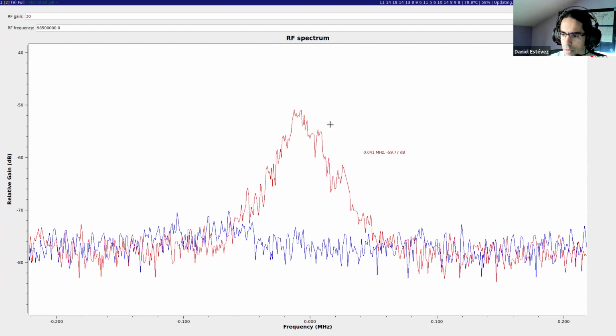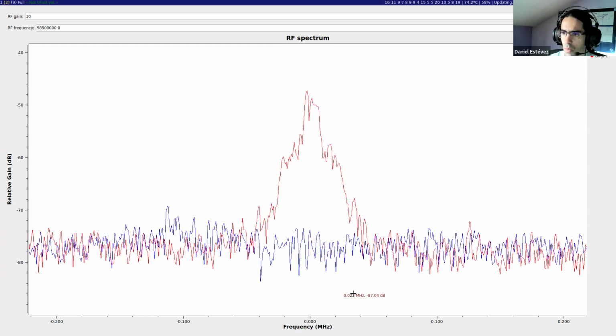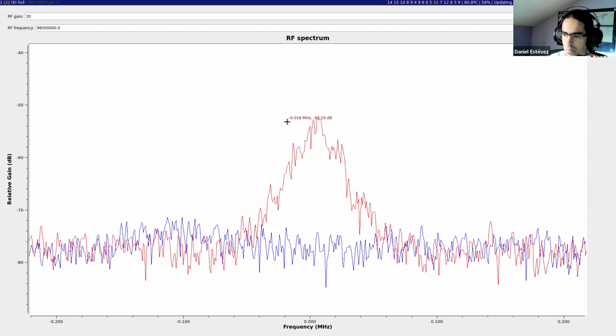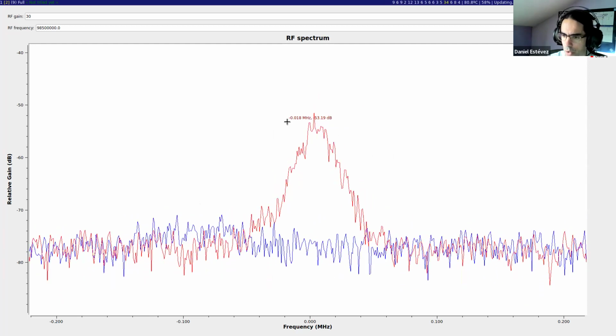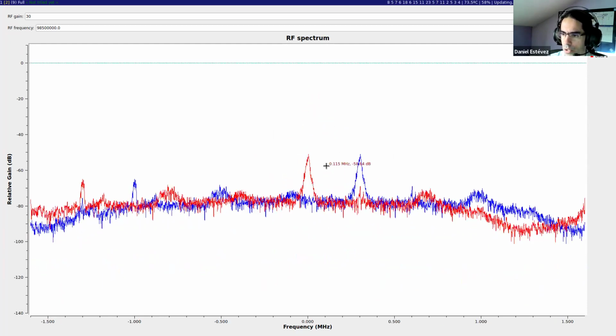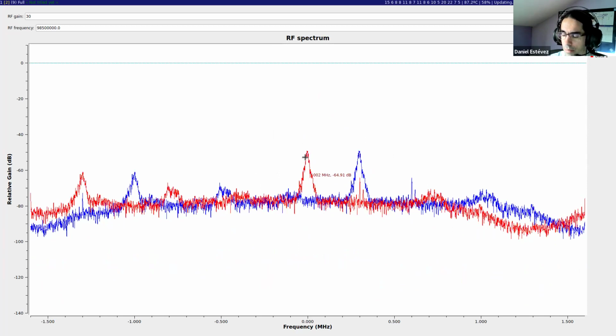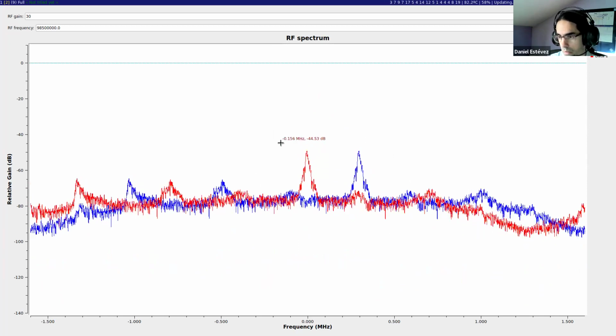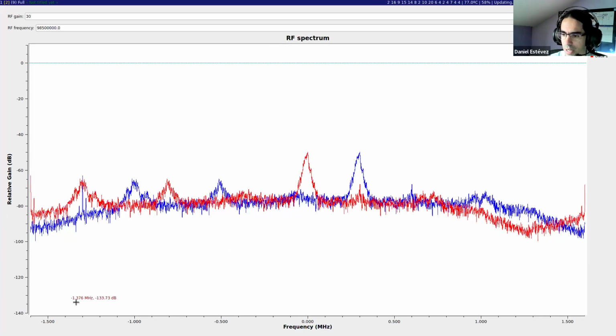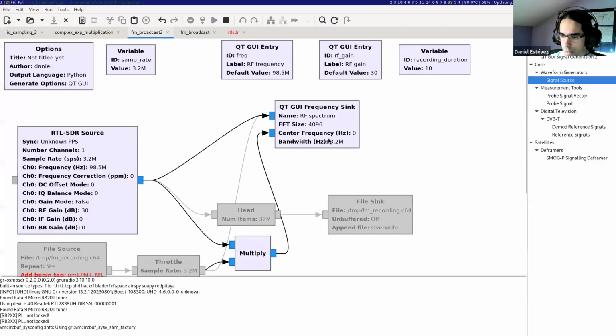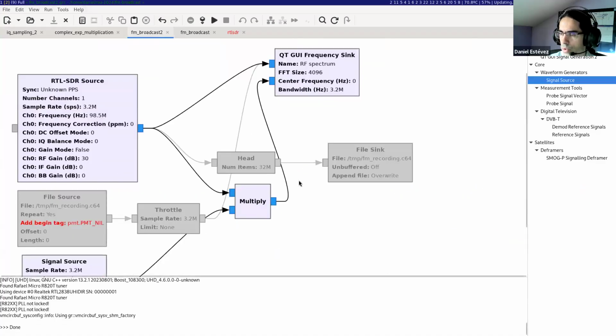So the total bandwidth of the signal is about 200 kilohertz, more exactly 190 or so. So we want to filter this signal, or another way of saying it, we want to filter out everything else. We know how to do that.